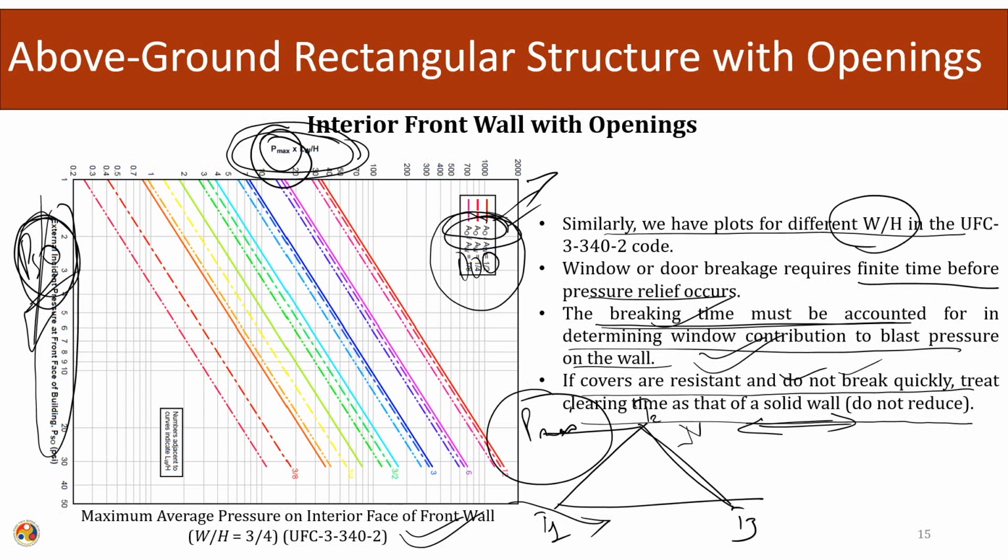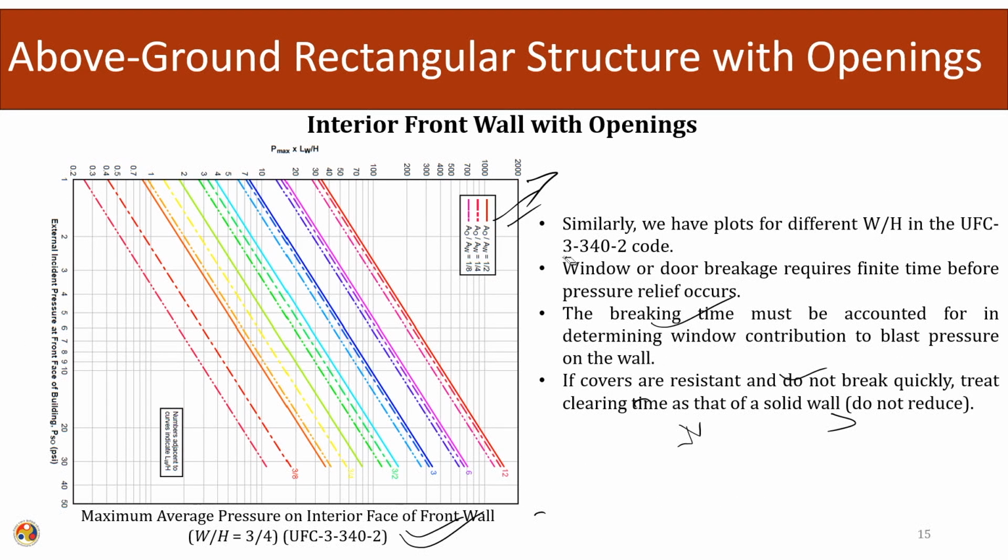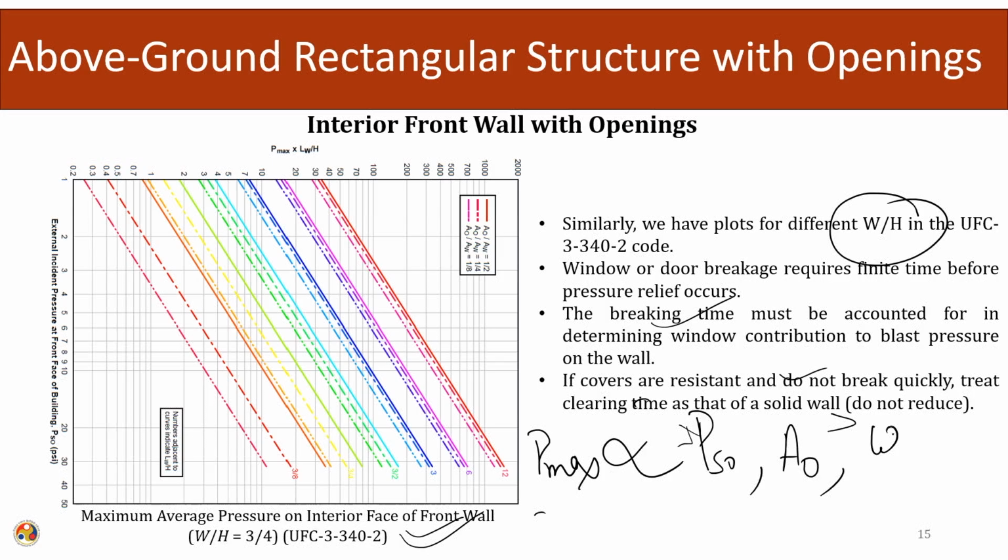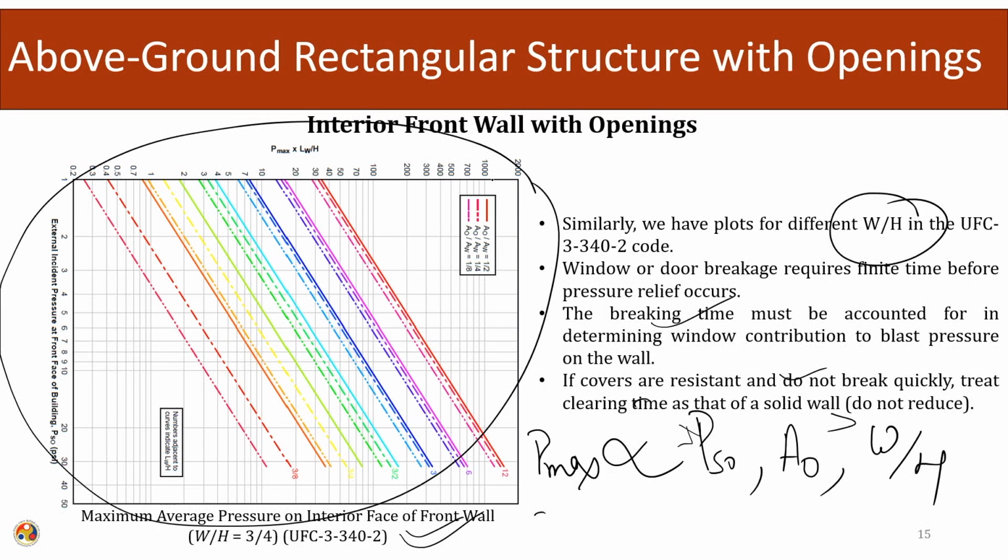So, similarly, in the internal front wall loading, we saw that the maximum pressure P max is a function of the incident pressure Pso, the opening area, and the width to height ratio. Using different graphs from UFC 3-340 or TM 5-1300, we can calculate the value of P max.